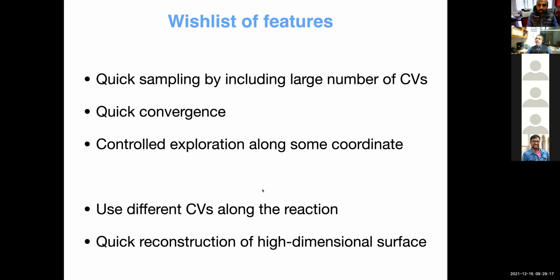I would like to use different collective variables as I start my simulation, because I might immediately realize that I need more collective variables because the system is getting stuck. I need those features without diminishing the performance of the technique. Of course, I need a very quick reconstruction of the high dimensional landscape. So this is my wish list, and we are working towards that.